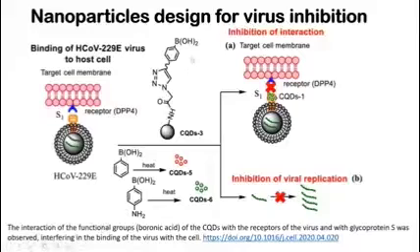So using this molecule connected with boronic acid, B(OH)2, and this part, you can connect this and inhibit the virus replication. So nanoparticles, these carbon dots modified with this material, can be used to inhibit the viral replication. That means it can be used as a drug.